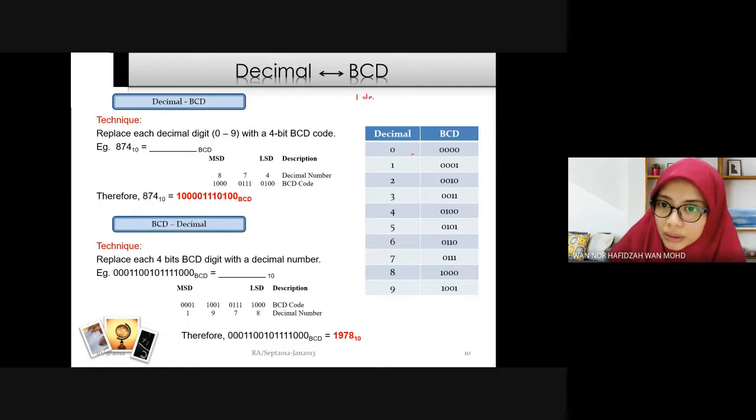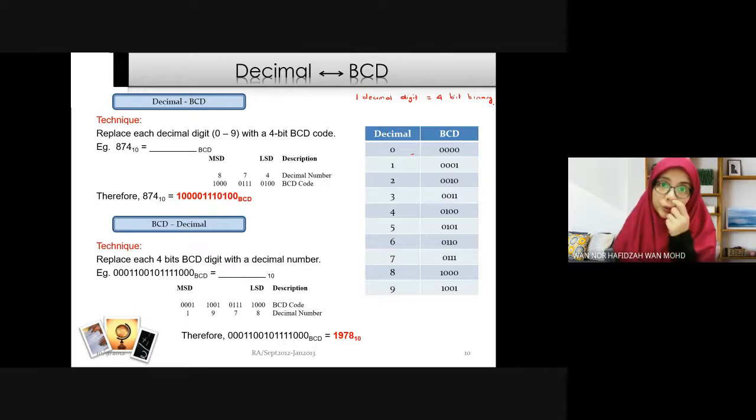One decimal digit equals 4-bit binary. For example, we have 23 base 10, and we want to convert it into BCD.